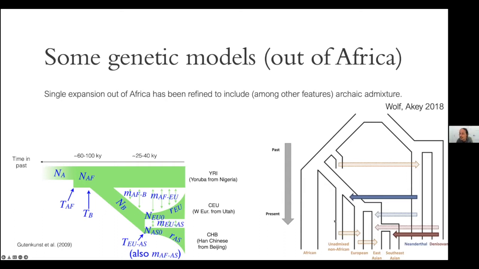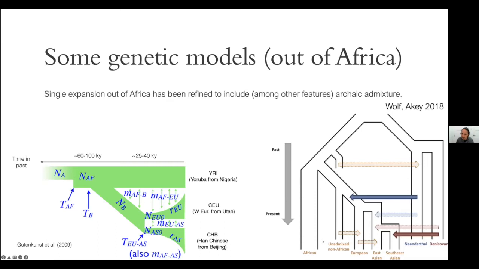In particular, as many of you have heard, people have found pretty good evidence at this point that there's been admixture or gene flow between Neanderthals and modern humans outside of Africa, and also another species called the Denisovan. And so we now have a model that is pretty complex and reticulated outside of Africa, and it describes a lot of the patterns of genetic diversity that we're observing there pretty well.